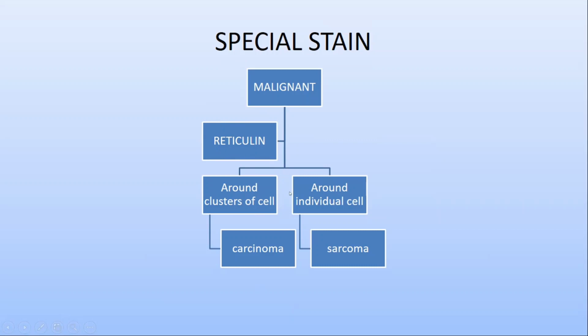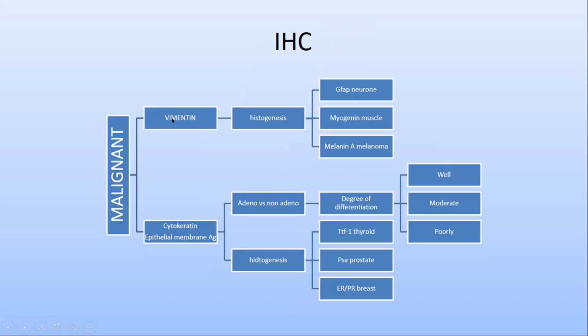If it's helpful, we can decide whether this is carcinoma or sarcoma, but most of the time it's quite a difficult stain to interpret. So we end up doing more specific staining, which is the immunohistochemical staining. H&E, special stain, and immunohistochemistry have different principles, so you need to know the principle. It can easily come out in your exam.